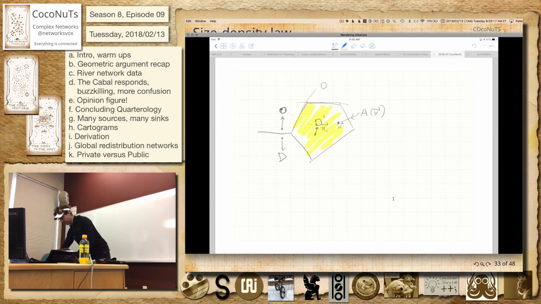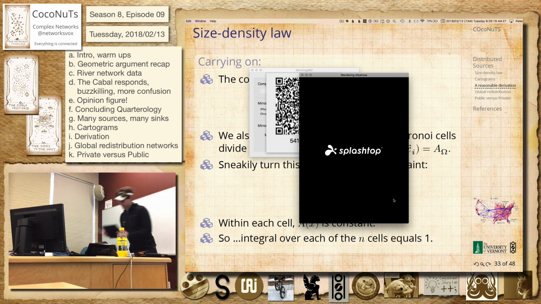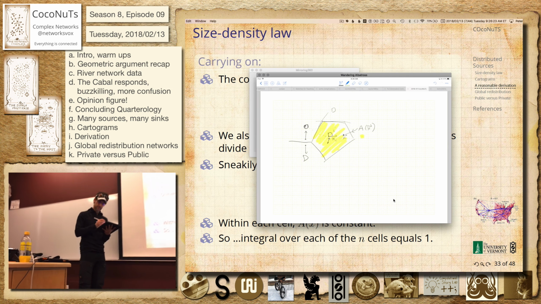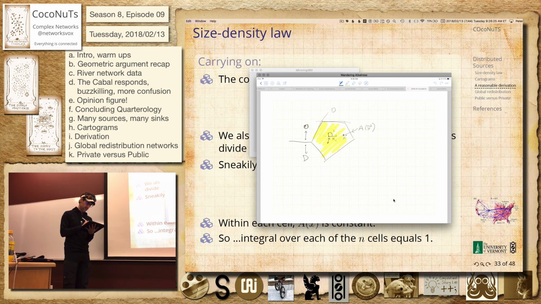I don't know if that makes sense. So a of x equals a constant in this shape, right? So 1 over a of x is also a constant.